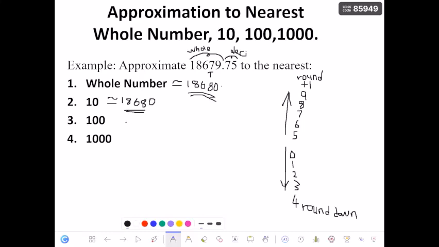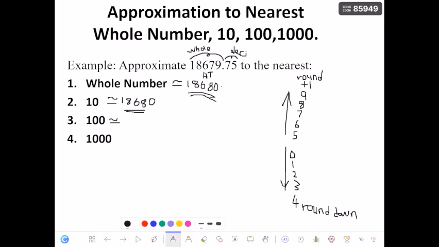Take note of that. Then for the third one, which is nearest 100, identify the 100 here. This is 100. 100 is this 6. So what are you going to do now that you have identified the 100? Look at the next after the 100. The next after the 100 is 7. And 7 is under round up, which is plus 1.